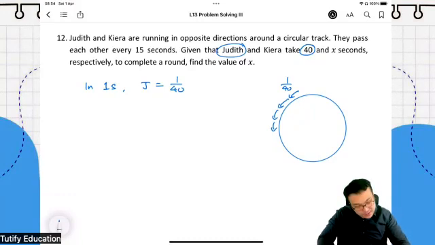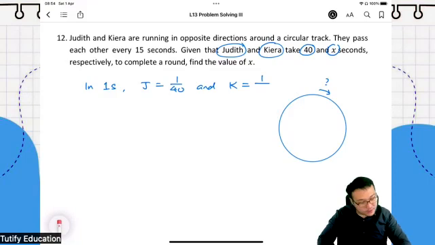What about the other person, Kira? Kira takes X seconds. So can you tell me in 1 second, what fraction does Kira run? 1 out of what? Never mind.